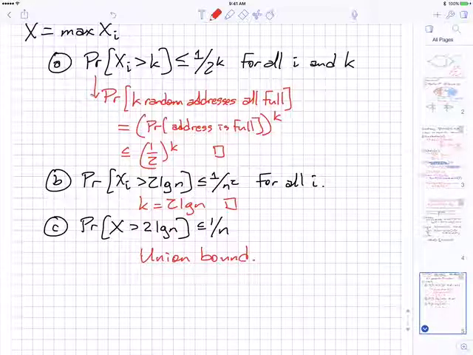Right, so here the answer is, again, 2 words, union bound. What this means is the probability that the maximum value is bigger than 2 log n is the same as the probability that x1 is at least 2 log n or x2 is at least 2 log n. Sorry, I'm going the wrong way. Am I going the wrong way?